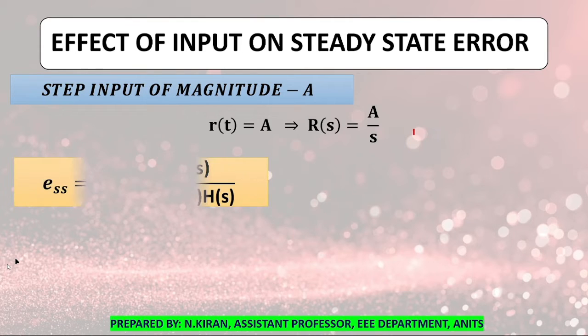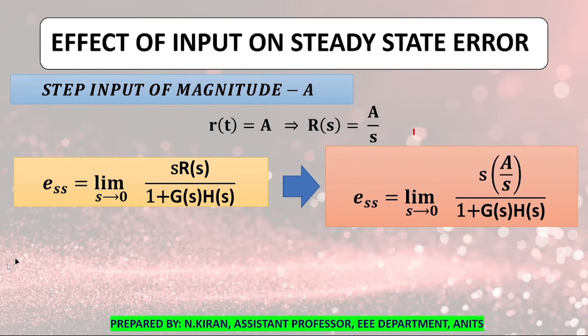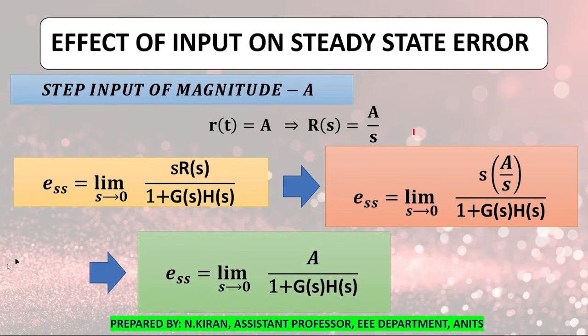We know the expression for steady state error, which we derived just now, limit s tends to 0 s into R(s) by 1 plus G(s) into H(s). In place of R(s), if I substitute A by s, that gives the steady state error as limit s tends to 0 A by 1 plus G(s) into H(s).